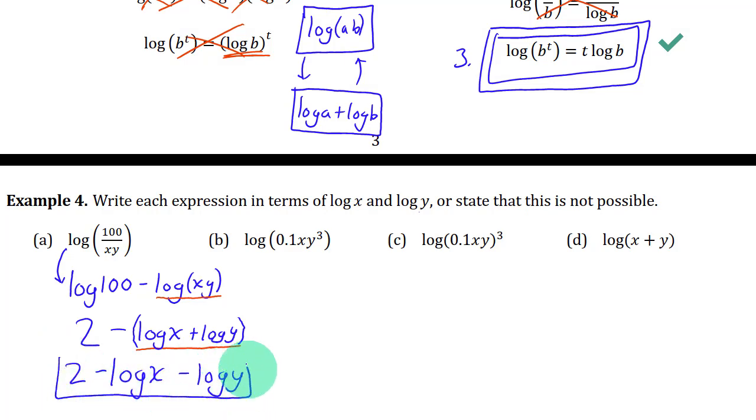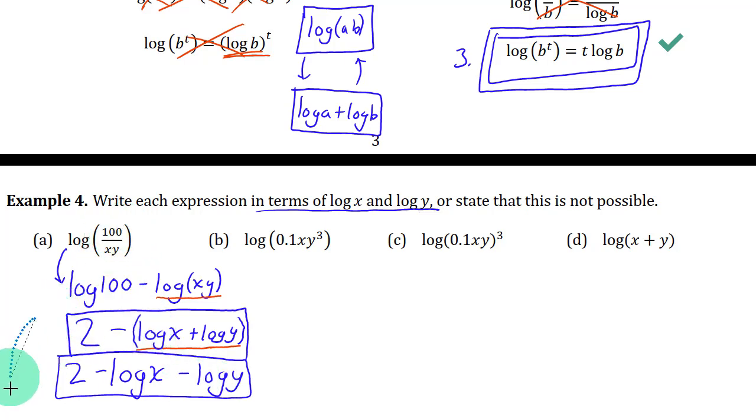Either of these is okay. So that's what we mean by write it in terms of log x and log y. This is an expression that has log x and log y in it, but it doesn't have a bigger combined logarithm. Okay, so that's that.